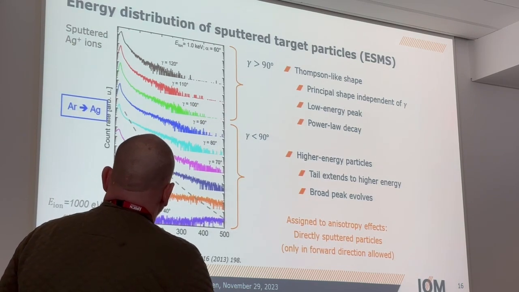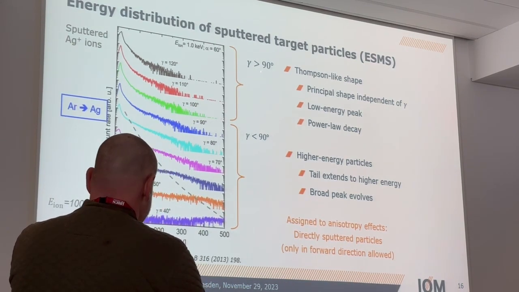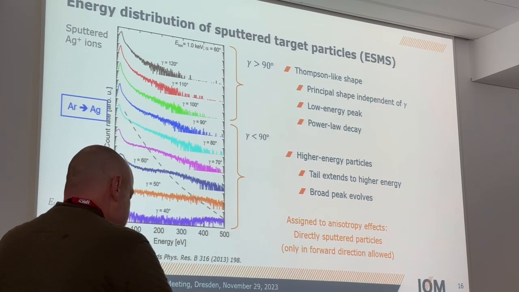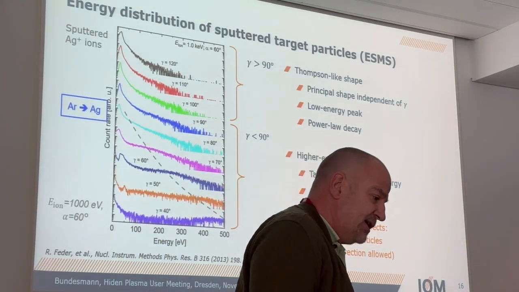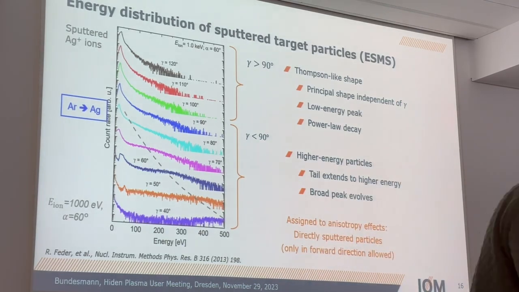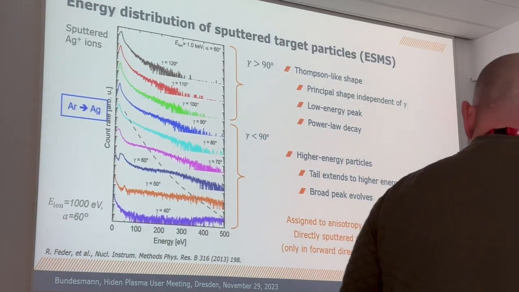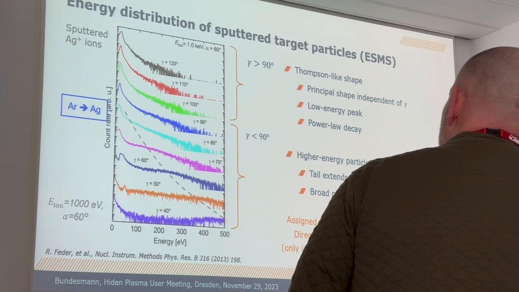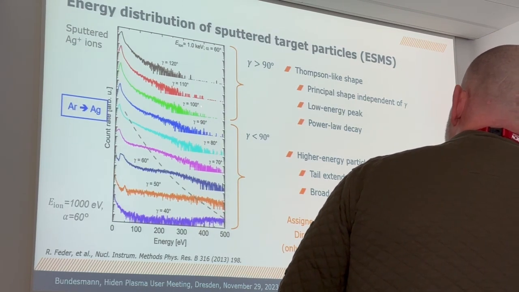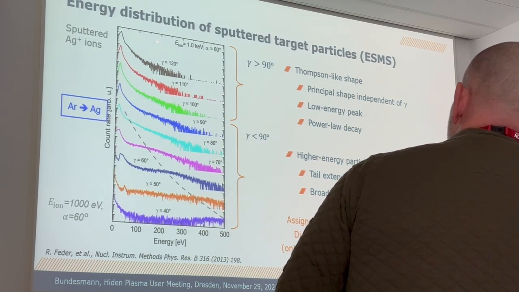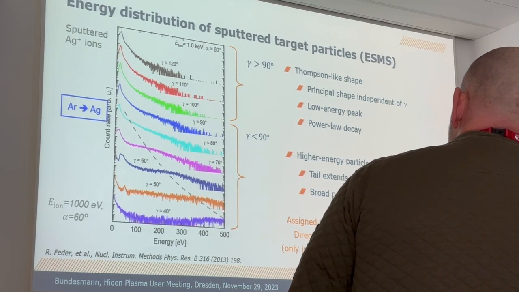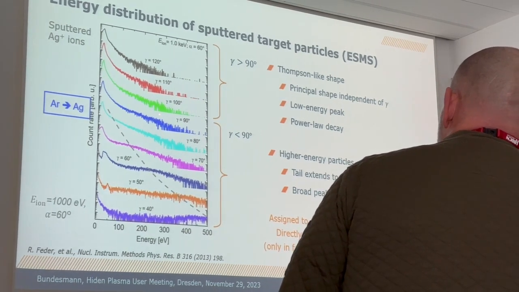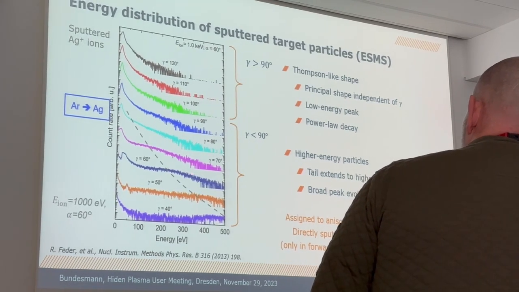For the scattering angle larger than 90 degrees, you have a so-called Thompson-like shape. Thompson predicts a shape of the sputtered particles independent of the ion energy and so on. So it's just a low energy peak and a power law decay. Here you have not much variation, but if you go to smaller scattering angles, some structure evolves.